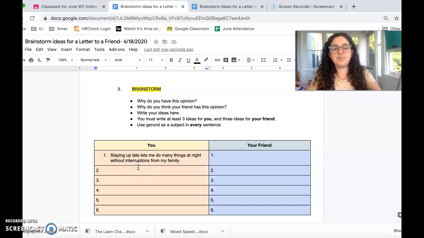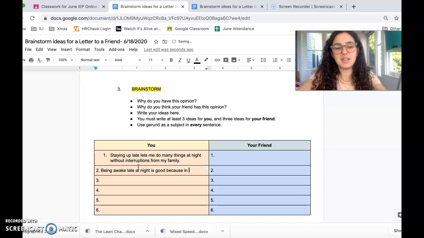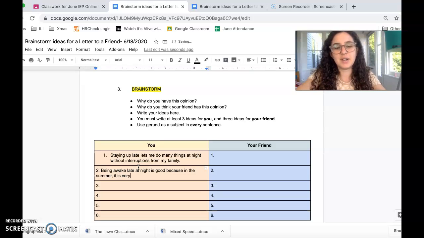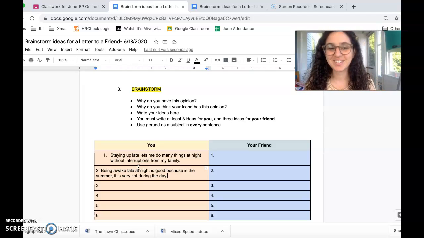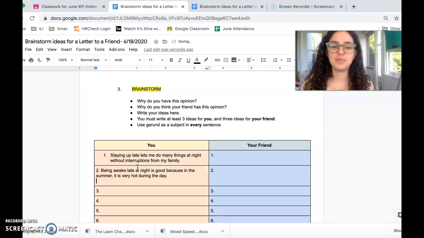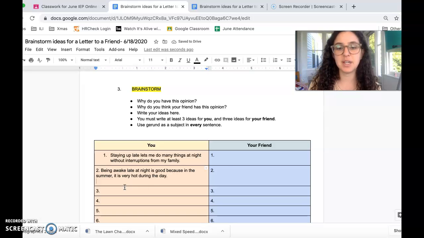Let's see. Being awake late at night is good because in the summer it is very hot during the day. Okay, great. That's my second idea. All right, so these are just 2 ideas.